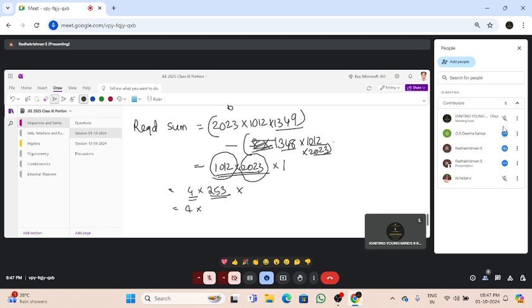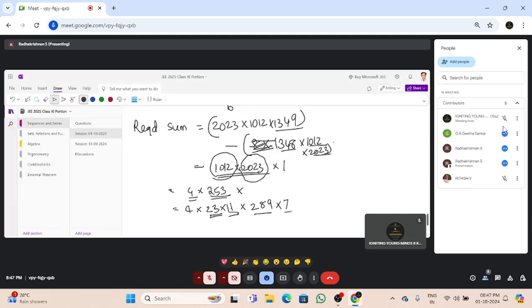Is 253 divisible by 7? 23. 11 into 23. Okay. Good. Now we go to the next. Let us factorize 2023. 2023 is 289 into 7. Very good. 289 into 7.